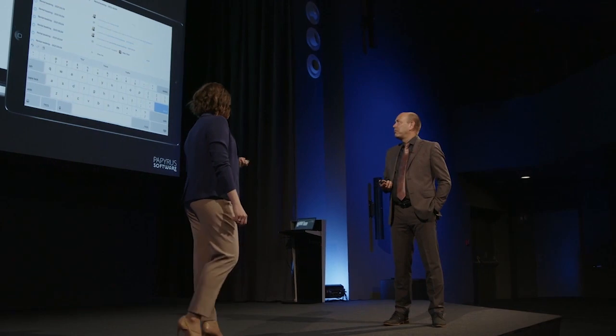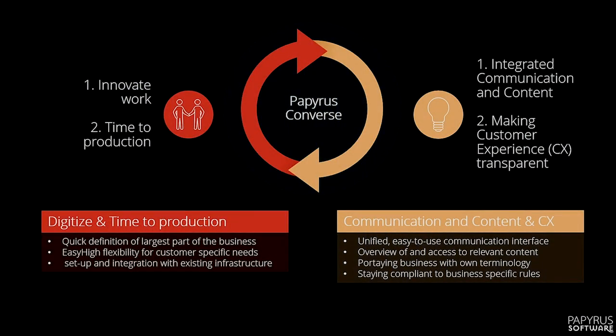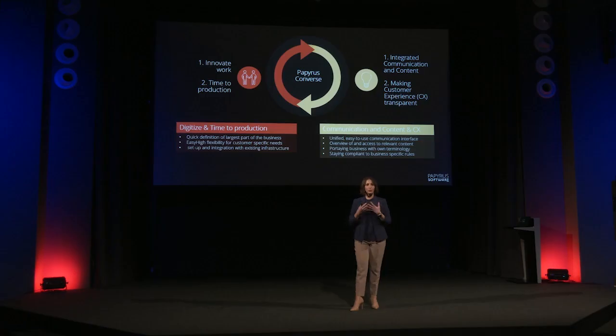Okay. So to sum it up again. Thanks. What we do with Papyrus Converse is that we focus on the strategic level of your value streams. We want to innovate work. We shorten the time to production by bringing the knowledge of the business user into the application and your solution very quickly.